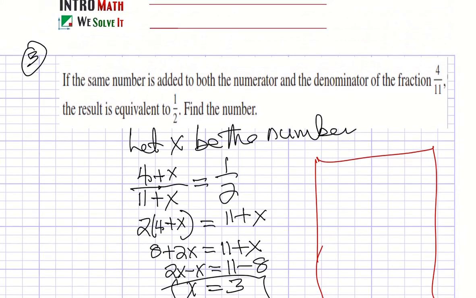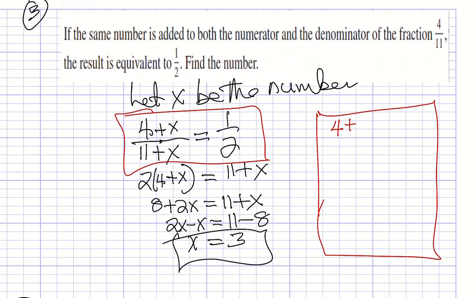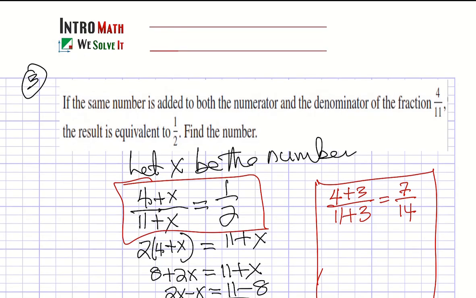So go back to what they said. You can even use this one here. You just substitute the x there. 4 plus 3 over 11 plus 3. What is that? That's 7 over 14. Is that equivalent to half?